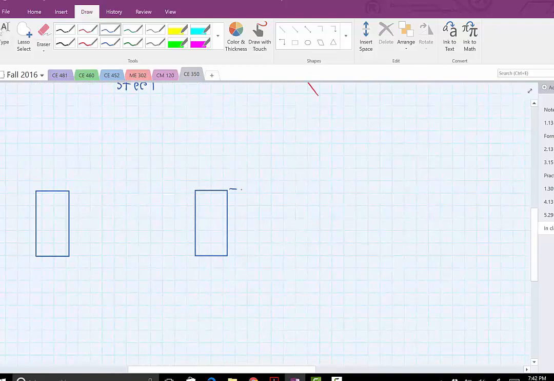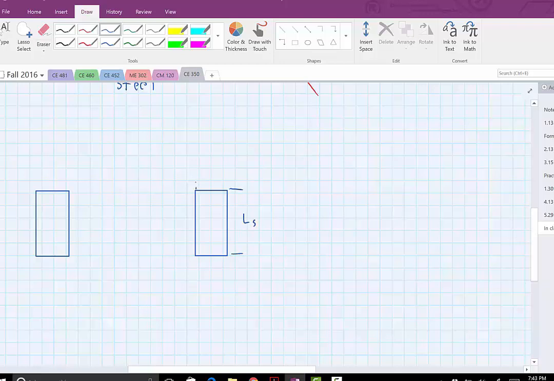If this was our original length of steel, due to the thermal expansion, the steel has shifted up a certain value, which we just determined was 120 times 10 to the negative 6 times the original length. And this one deflected up as well because it was symmetric loading.